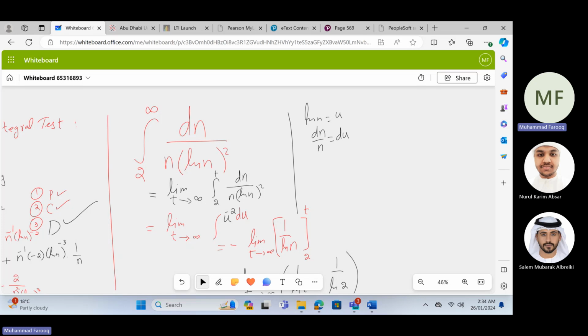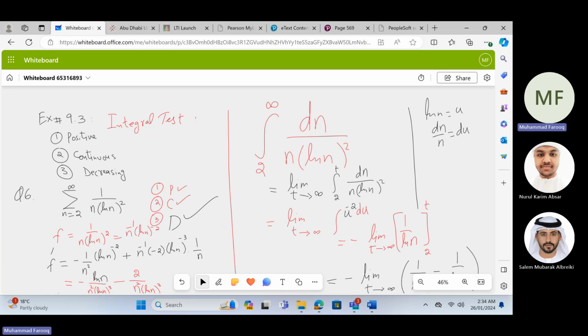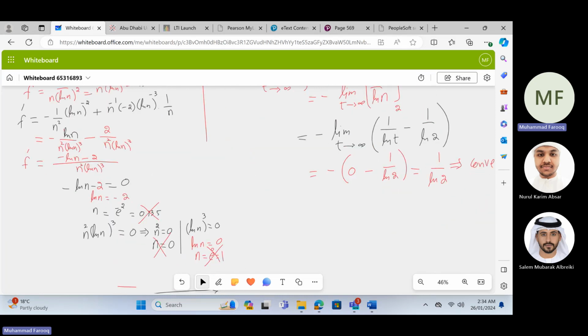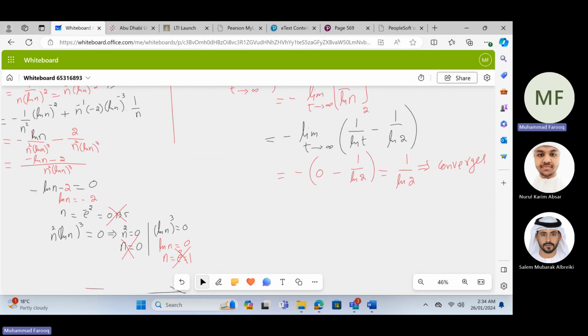If you expand the series, putting n = 2, 3 and adding them, the value is 1.4 something, it converges to 1 point something like that. Yes, if the answer is infinity, then the series diverges. A positive infinity means it diverges. Clear enough?